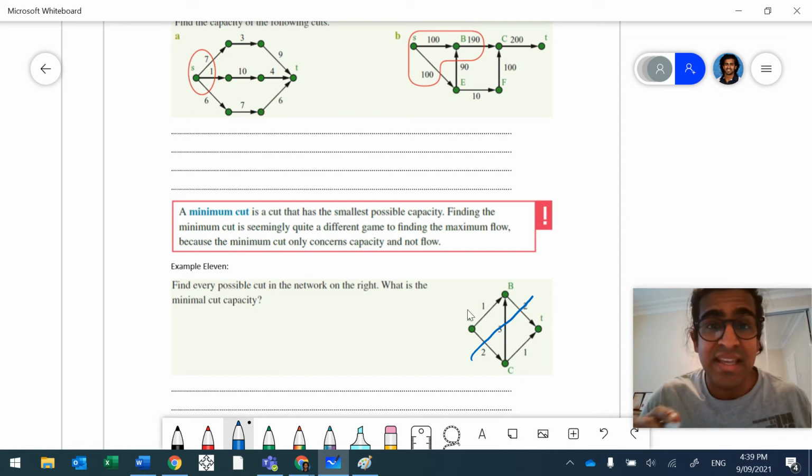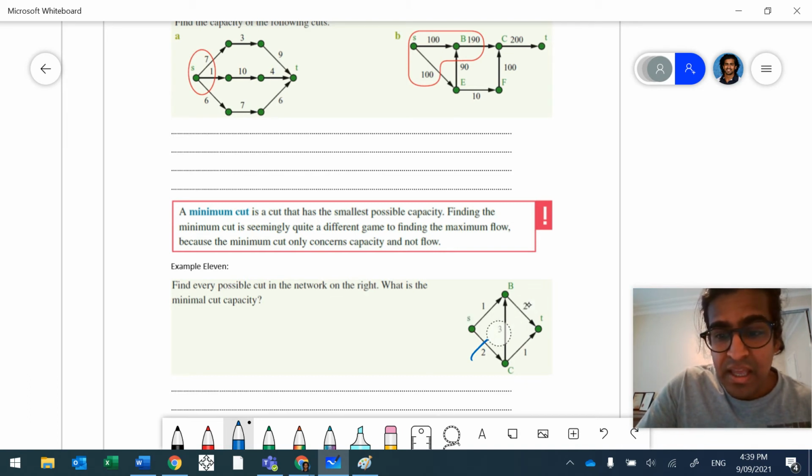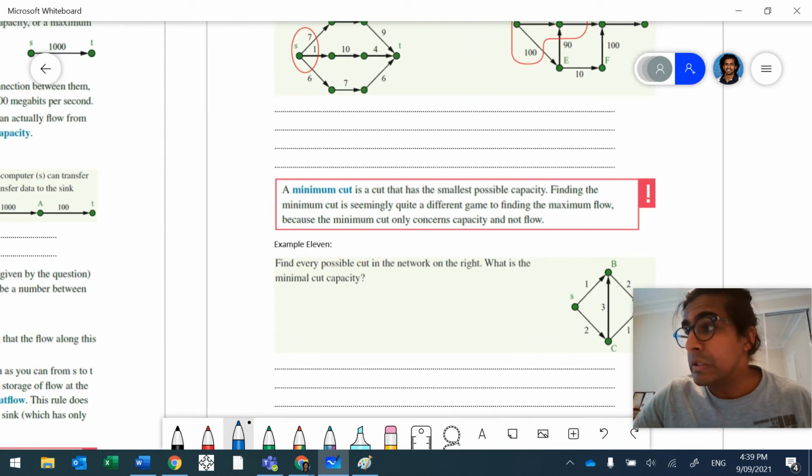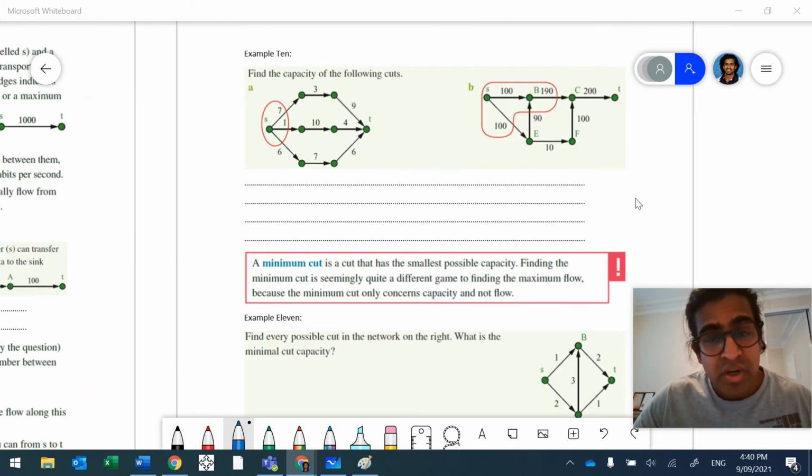The important thing is that a cut must separate the source from the sink. And when we're trying to find the cut capacity, we're only adding the edges that are on the source side, that are going from the source to the sink.